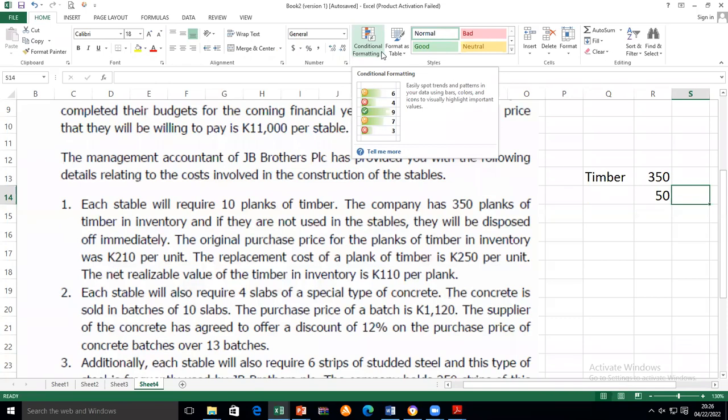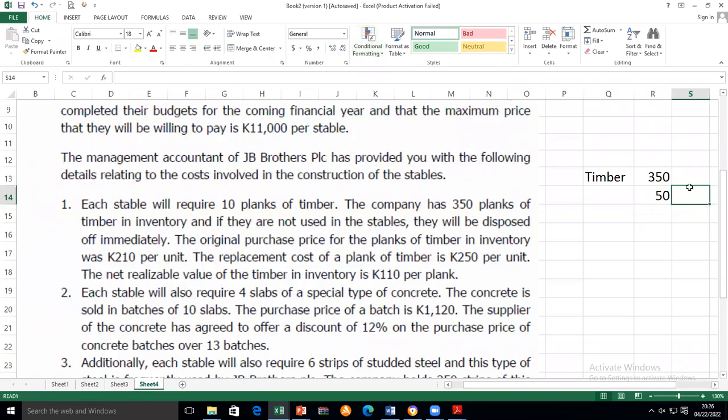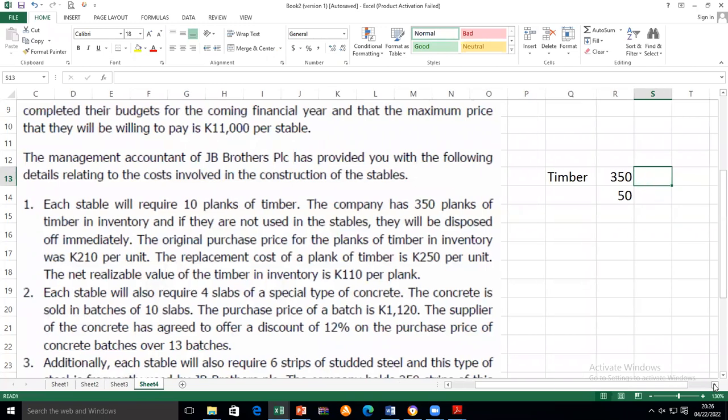So there's an indication that there's no need of replacing these. So the best that we could do as a company, we could sell them. For how much can we sell them? They have told you there that if you sell them, you can only sell them at 110.